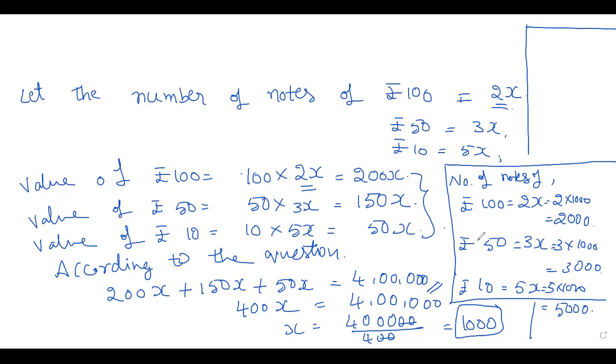We have to get 4 lakh. How will we get 4 lakh anta ತೋರಿಸ್ತಾ ಇದೀನಿ. So 2000 into 100. So ಎಷ್ಟಾಗುತ್ತೆ? 2000 into 100. That is 2 lakh. Next, 3000 into 50. That is 1,50,000.